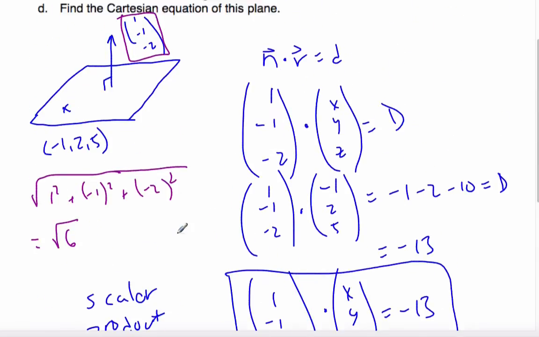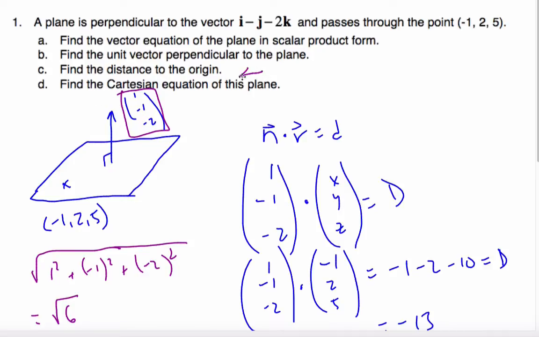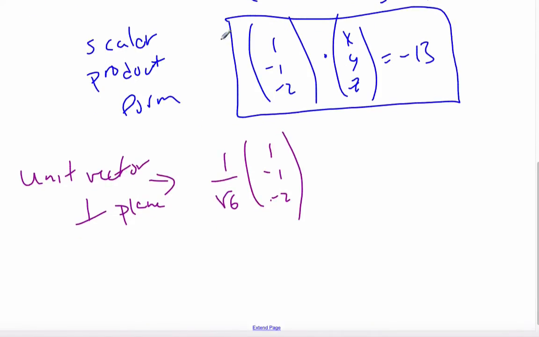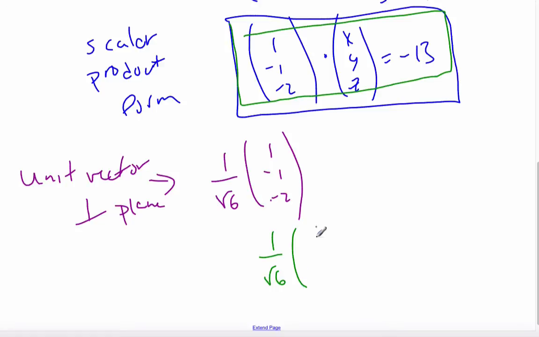Part C then says, find the distance to the origin. Well, to do that, I have my scalar product form. And with this scalar product form, I know if this is a unit vector, then d here is the distance away from the origin. So I'm going to take this equation, and I'm going to multiply it by 1 over root 6. So it's 1 over root 6 times (1, -1, -2), dot (x, y, z) equal.